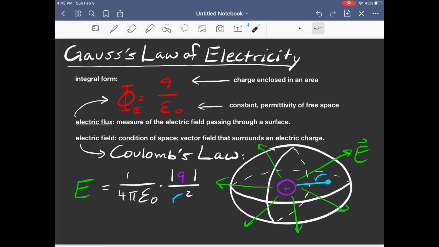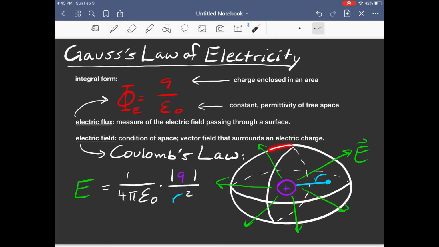If we have a point charge drawn in space somewhere, in this case a positive point charge, the convention goes like this. If we have a positive point charge, the electric field lines will be directed outwards from that charge. If this was a negative point charge, the electric field lines would be directed inwards.